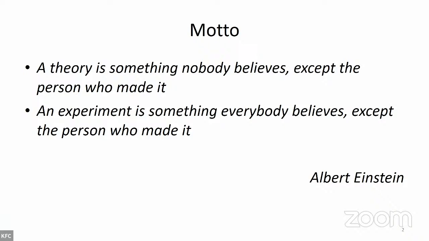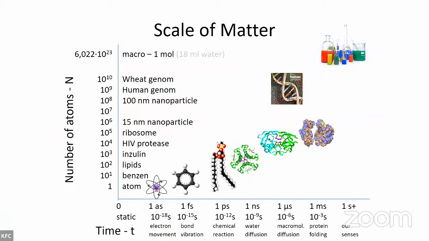So since we are on the side of the theory, let's move into what we actually can describe and what methods. Because when we are looking at chemistry, we are actually scaling up matter and time, because we cannot use the same theory to look at the electrons within the atom and also a whole ribozyme or whole cell. We have to use different methods which are scalable for that specific purpose.